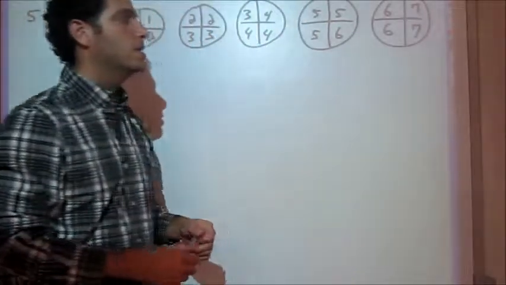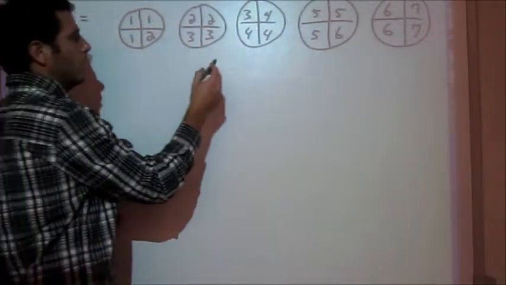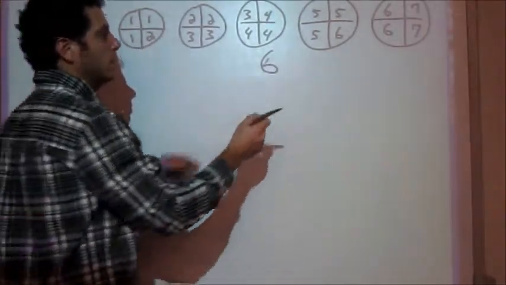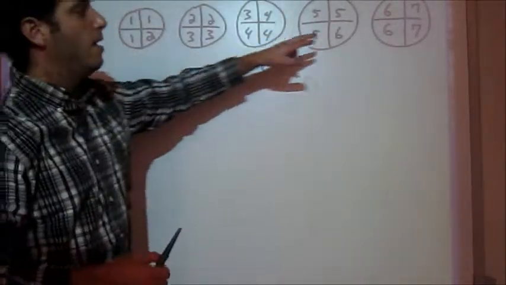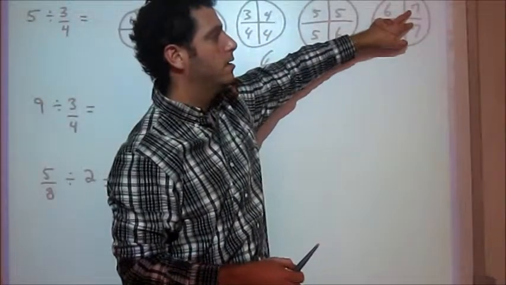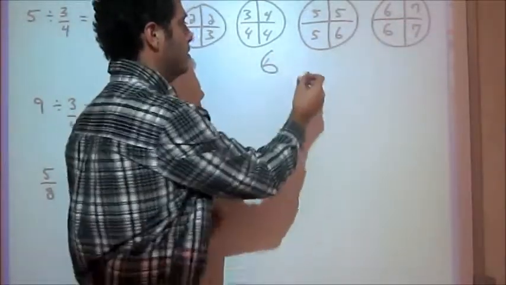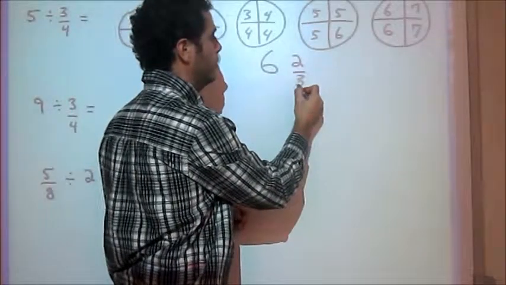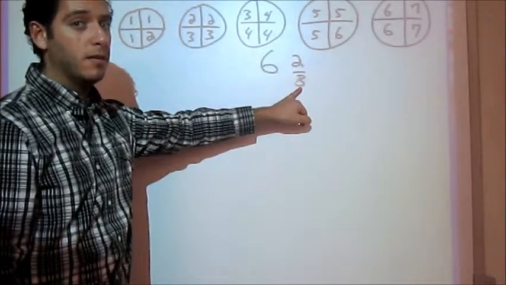And here's the seventh. Okay, so we have 6 whole sets of 3/4, and then we have 2 out of 3 quarters. So that means that this would be 2/3, because 3 is how many we need to make a complete set of 3 quarters.